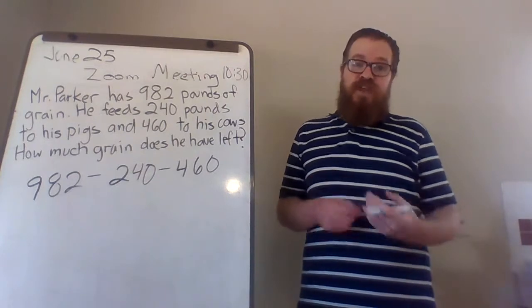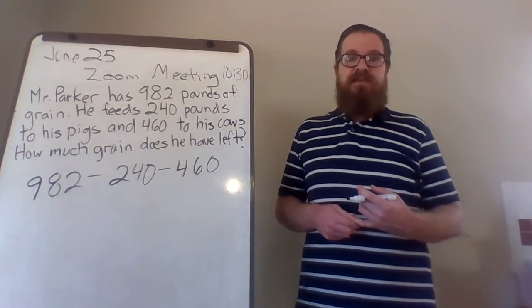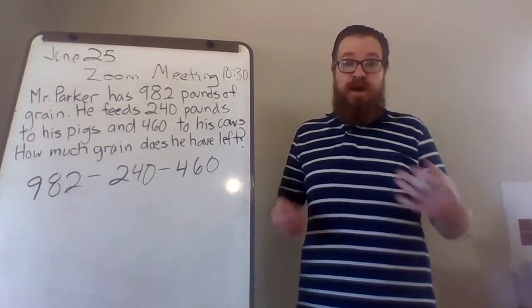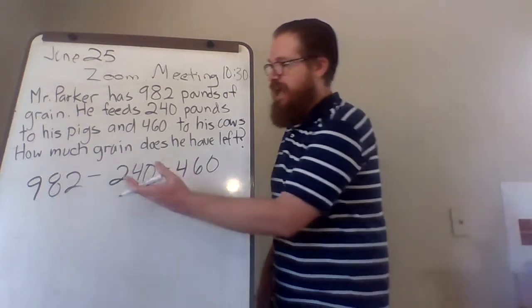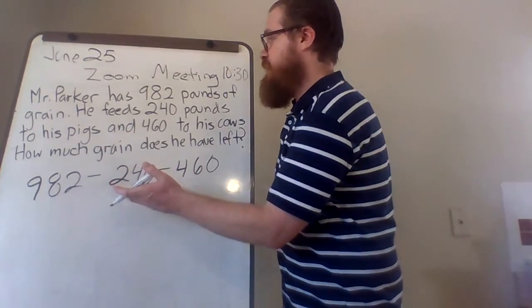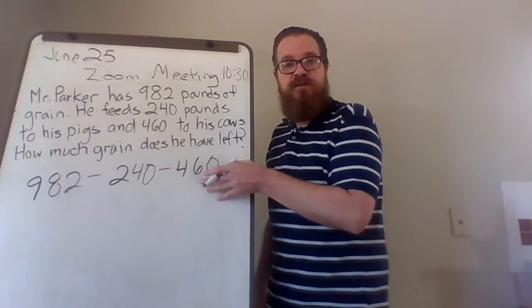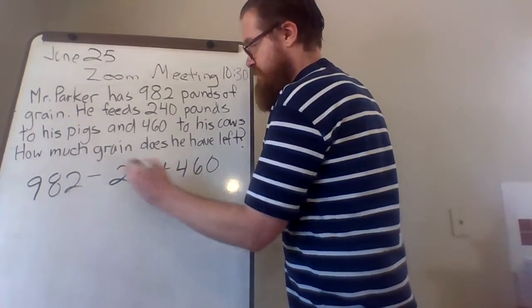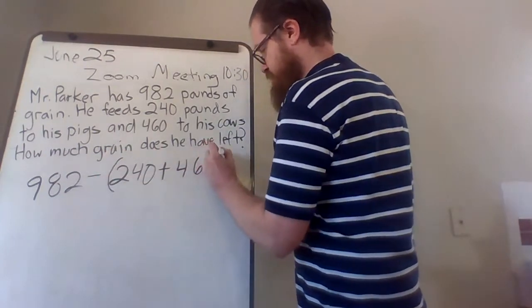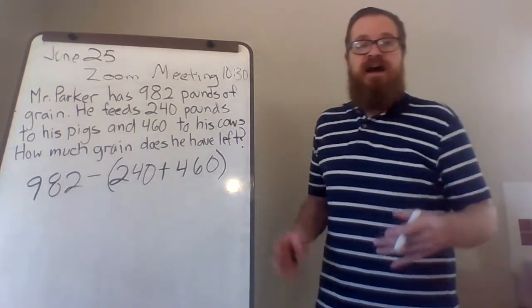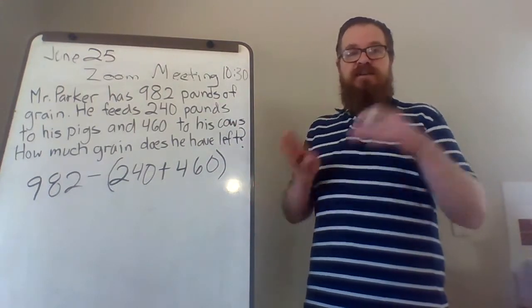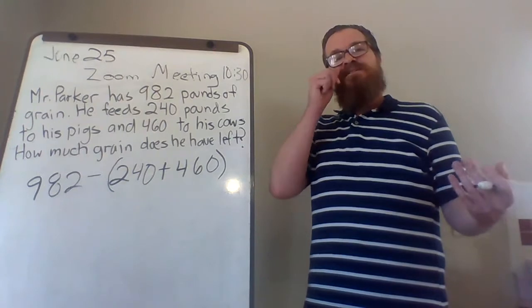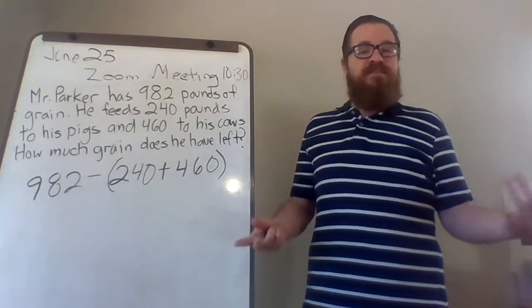Now, rather than have me subtract twice, I can just add together what the pigs eat and what the cows eat, right? So I could change this so that instead of subtracting twice, I'm gonna add once and then subtract. And I do that because most of the time, adding is a little bit easier than subtracting.